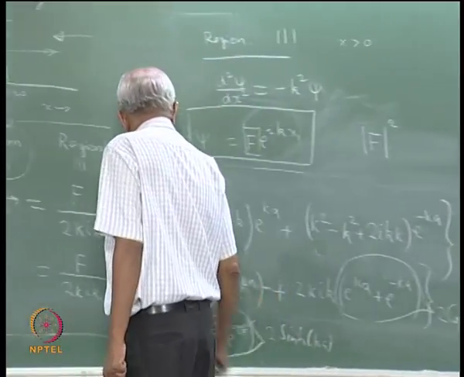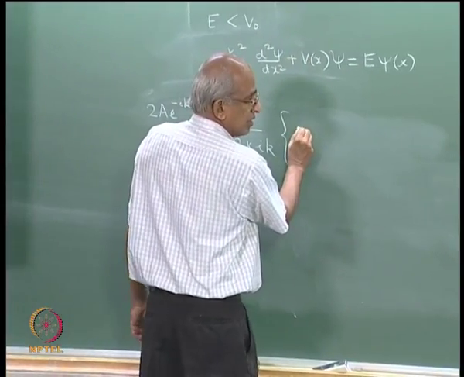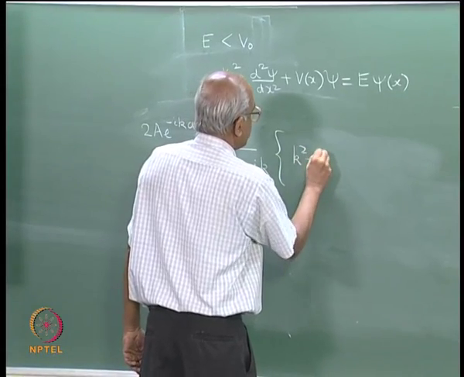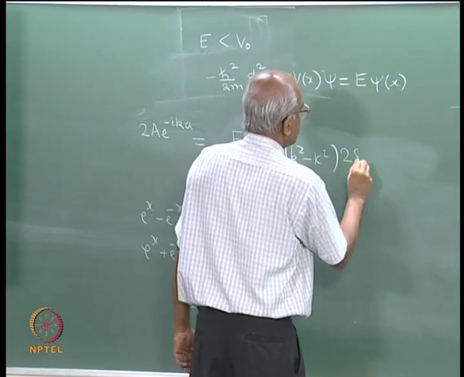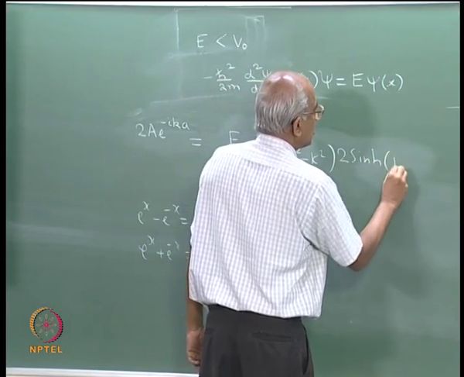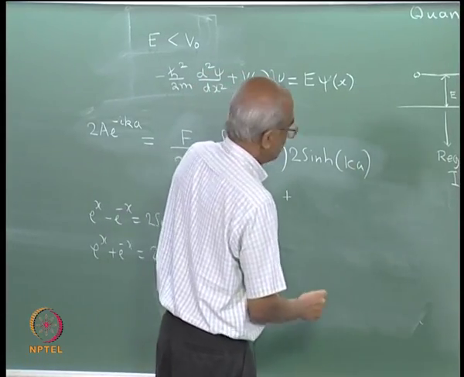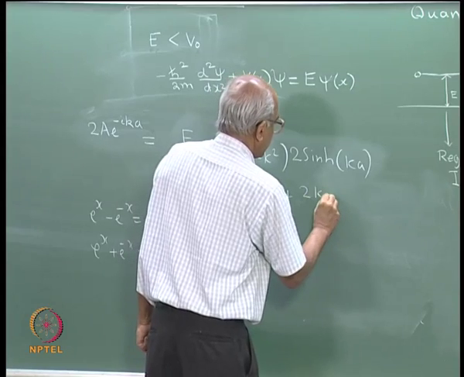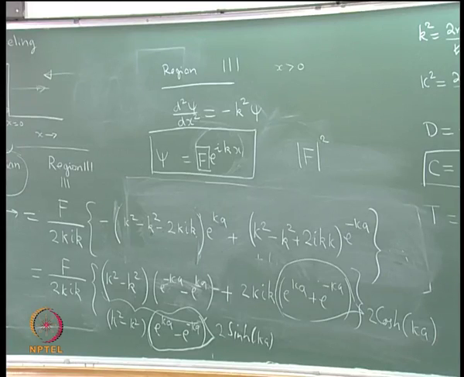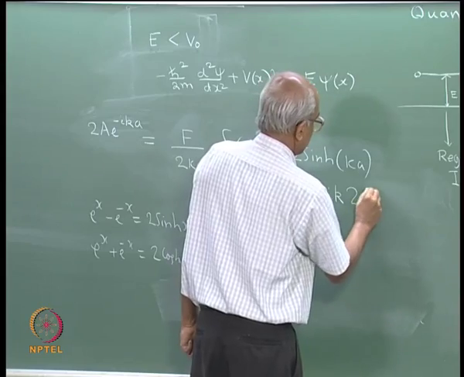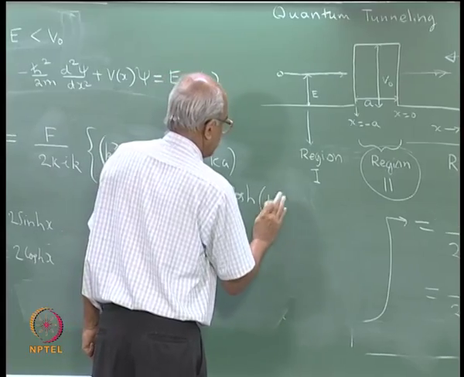So, that is what I will do, and let me write the result. The result is k square minus kappa square into 2 sinh kappa a plus 2 kappa ik into 2 cosh kappa a.